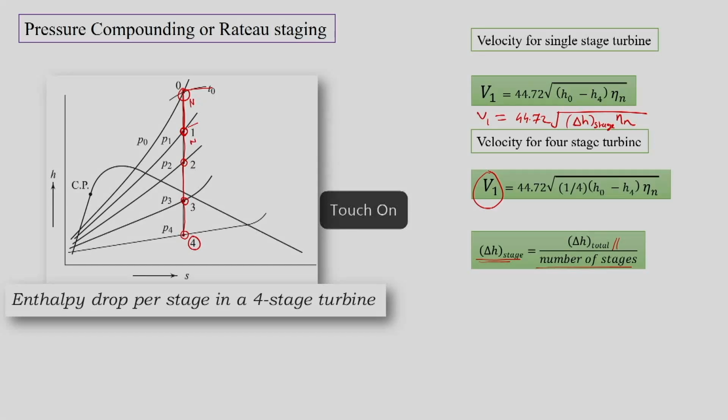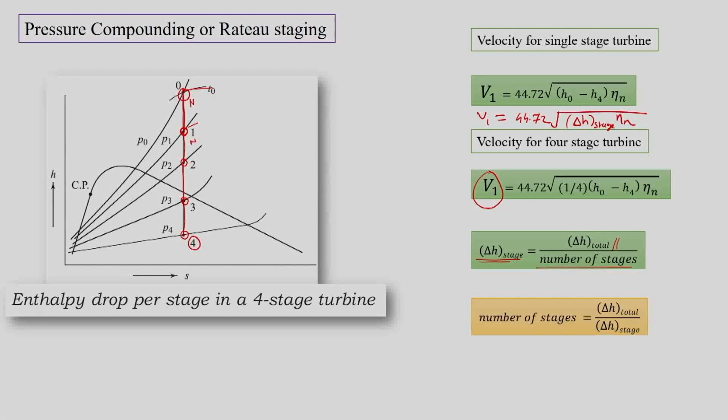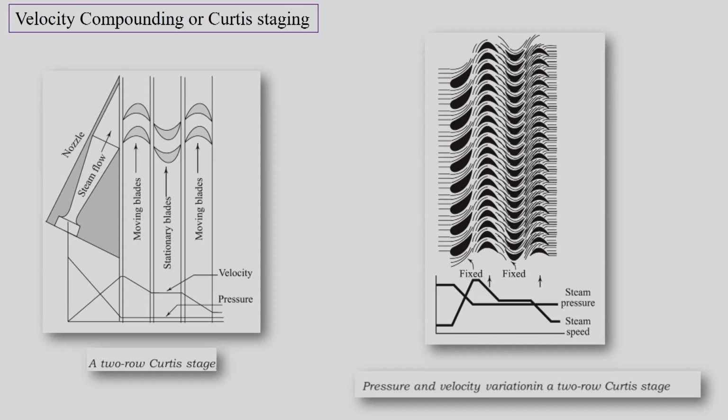If we can find the enthalpy drop in one stage, then we can find the velocity at the exit of the first nozzle or the corresponding stage nozzle. If we know the enthalpy drop in one stage and the total enthalpy drop required, then we can also find the number of stages. So, number of stages is equal to total enthalpy drop divided by stage enthalpy drop. So, this is all about pressure compounding or Rateau staging.